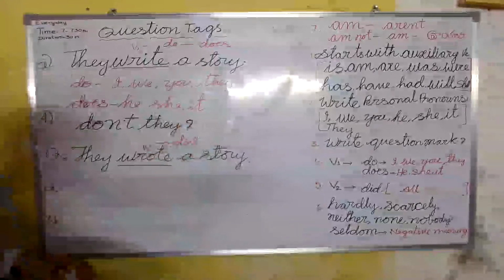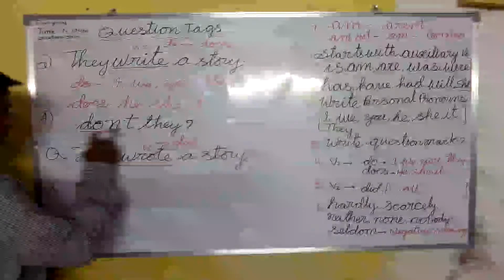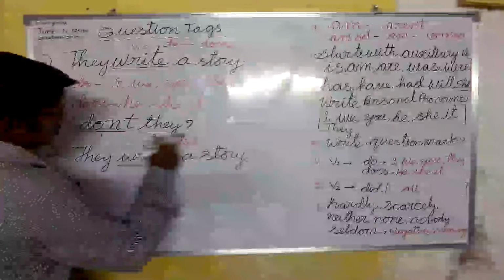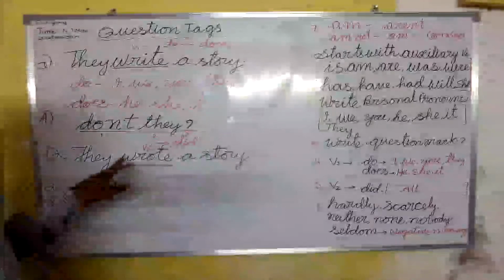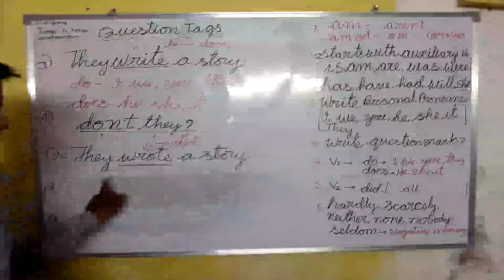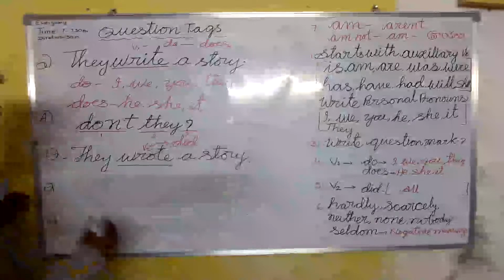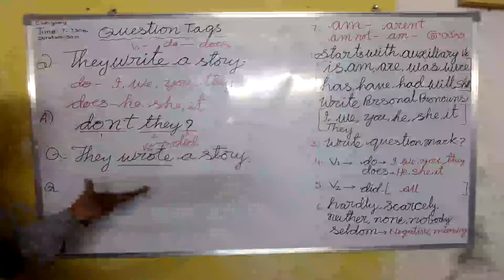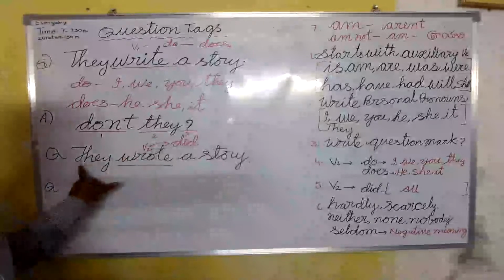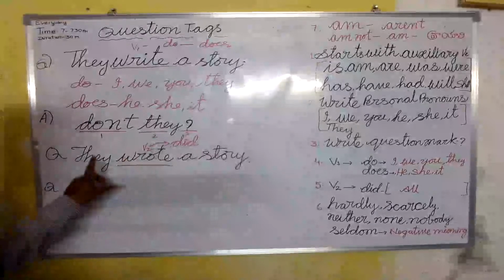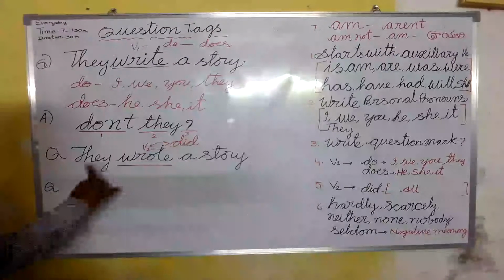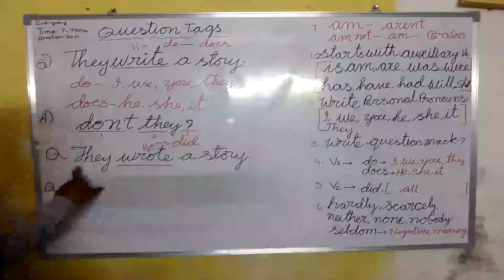Next point, question mark. Okay, 1, 2, 3. Next, they wrote a story. Answer now. We have to use did. When the sentence is in past tense, there is no need to choose the subject.